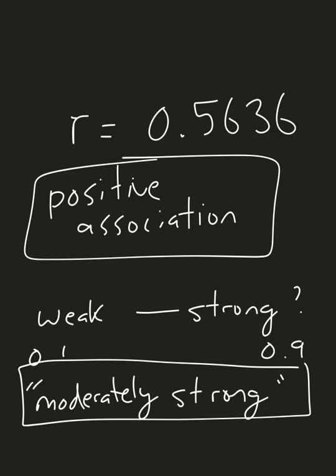So ultimately, on the scale of weak to strong, -1 is really, really, really strong. -0.8 is still pretty strong. -0.2 is pretty weak. 0 is extremely weak. 0.2 in the positive direction would be weak again. Positive 0.8, very strong. And then 1, extremely strong. And that is standard 10, the correlation coefficient.